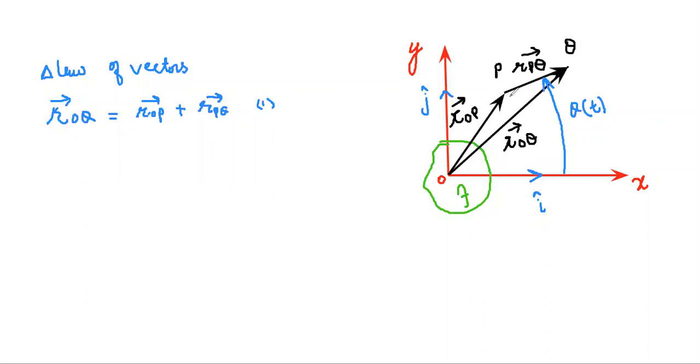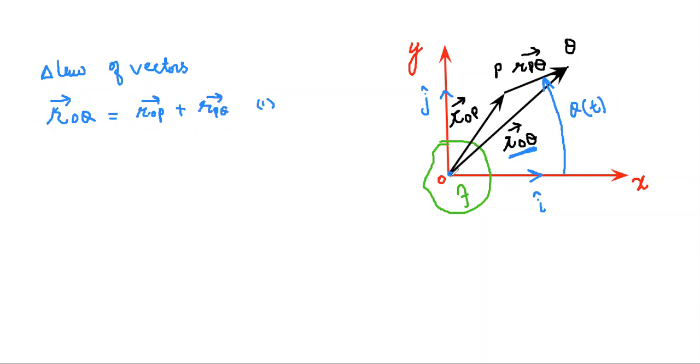So now if we ask the observer at point O, the ground observer, what is the velocity of point Q of the rigid body with respect to you, please comment on the velocity of point Q. Then the observer at the ground will say that the velocity of point Q will be the derivative of this position vector with respect to the person on the ground.